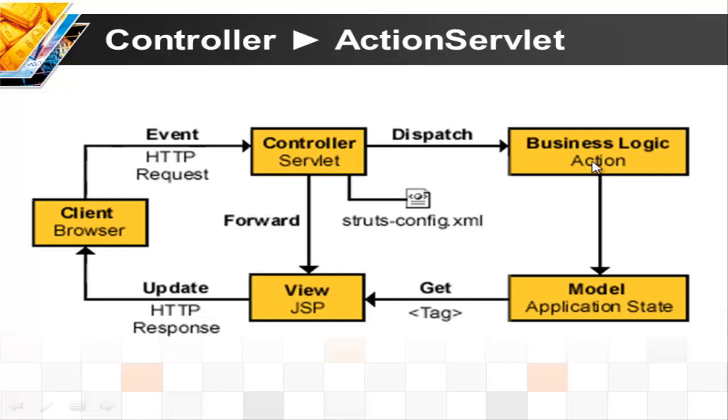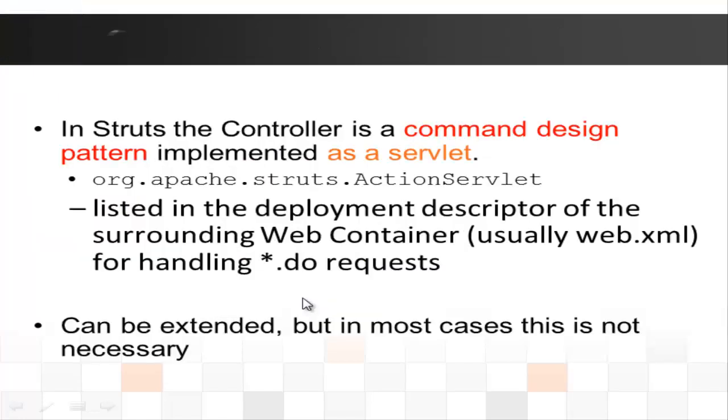And whenever the action completes its work, the action returns an action forward back to the servlet, and the servlet determines which view has to be selected to send the output to the user.